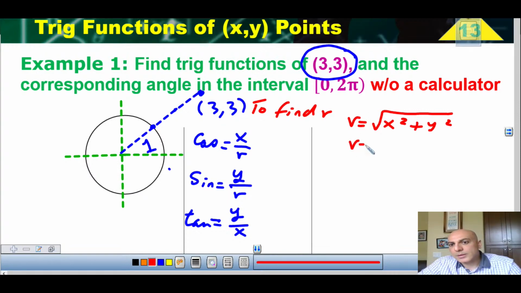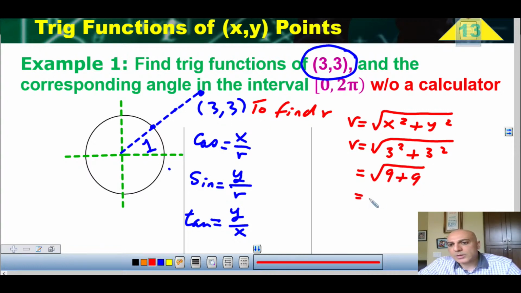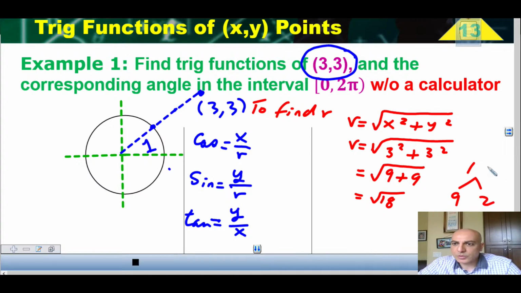So r is going to equal the square root of 3 squared plus 3 squared, that's 9 plus 9. That's the square root of 18. 18 is 9 times 2, and 9 is the perfect square.